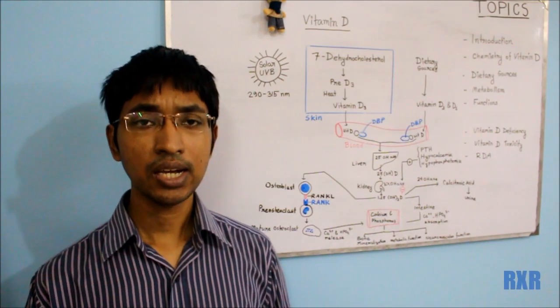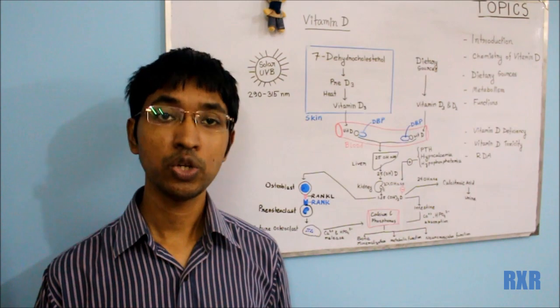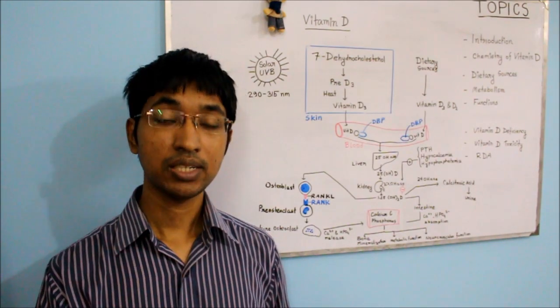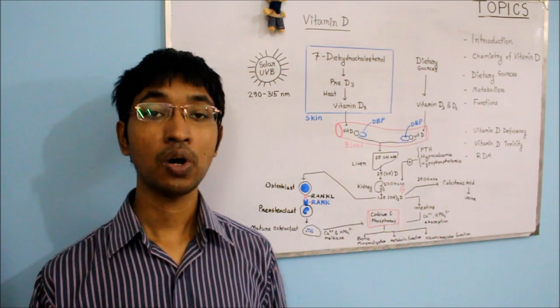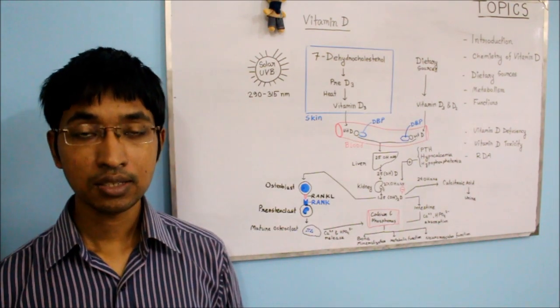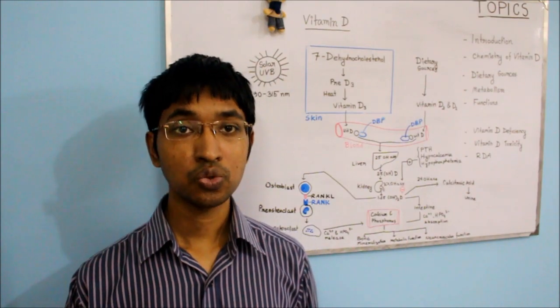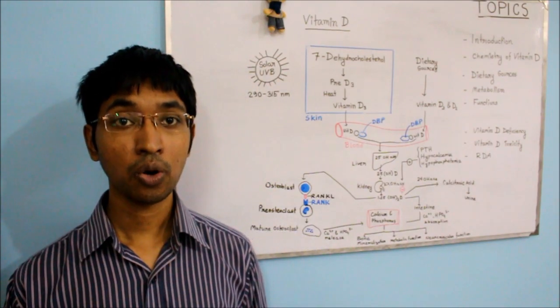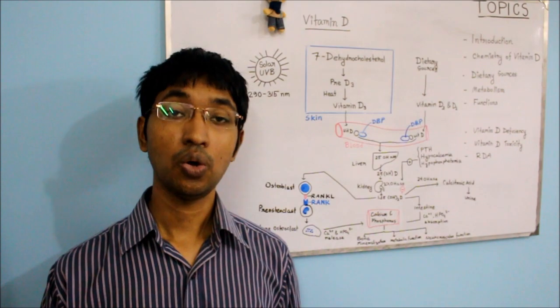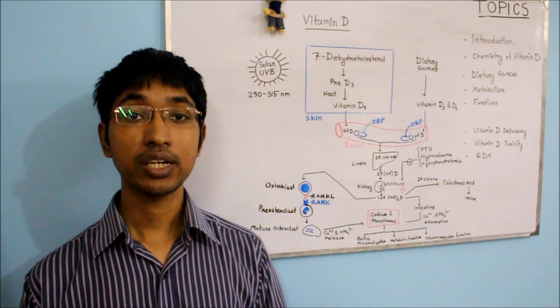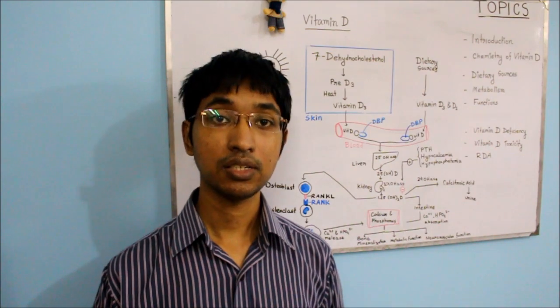So ultimately heterodimeric complexes will be formed that will contain vitamin D receptor and also RXR. And these heterodimeric complexes will then bind with vitamin D response element that is located in the regulatory sequences of the target gene. What will happen next?